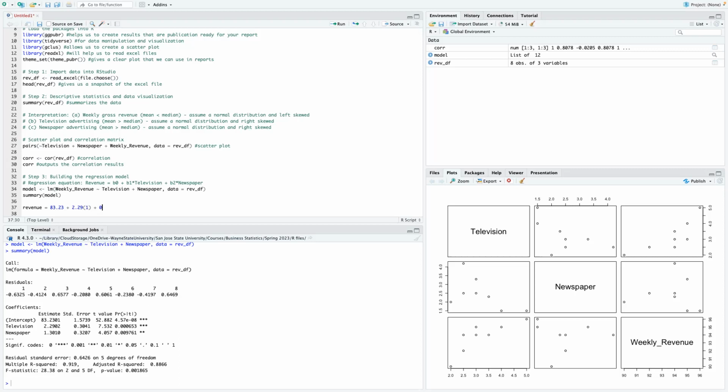So basically the company would be making 85,520 as their gross weekly revenue. So that's how that works.